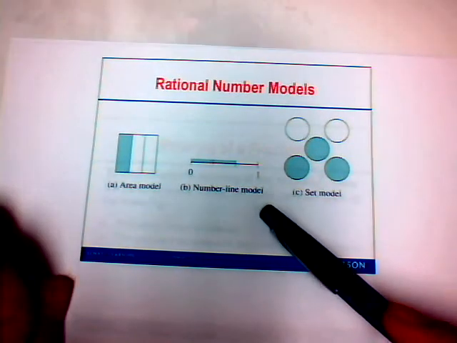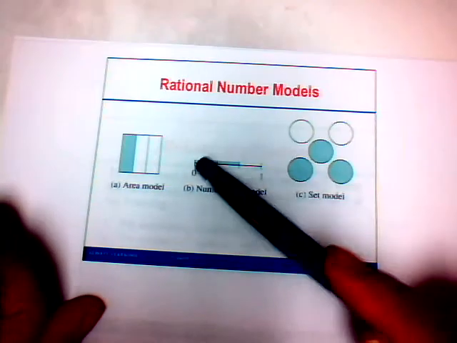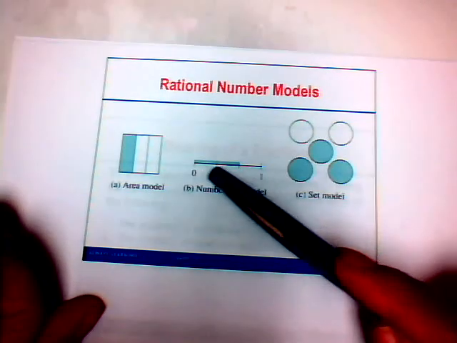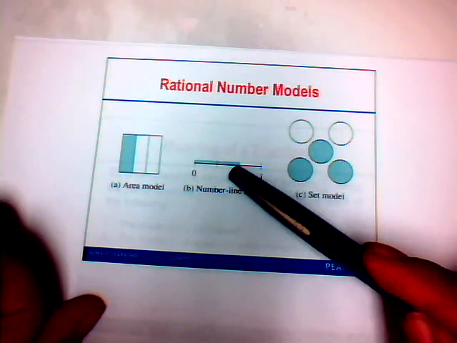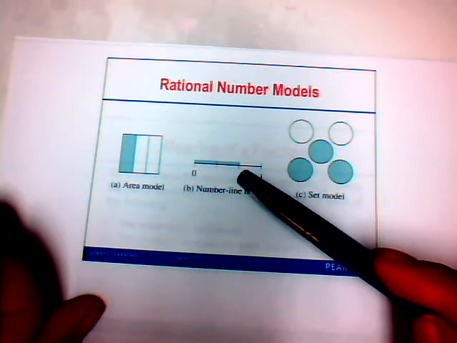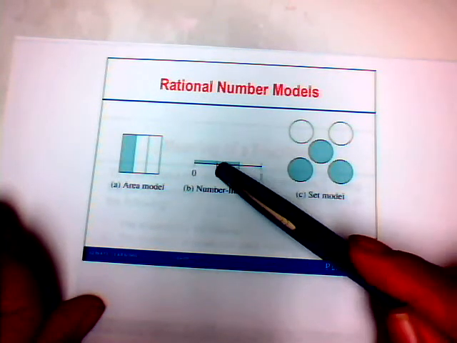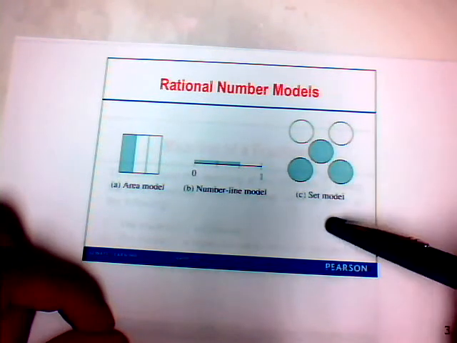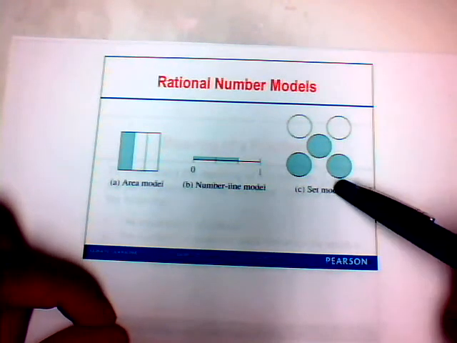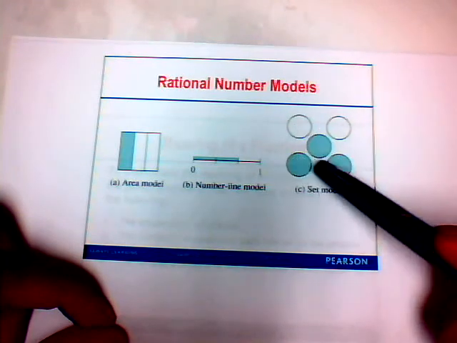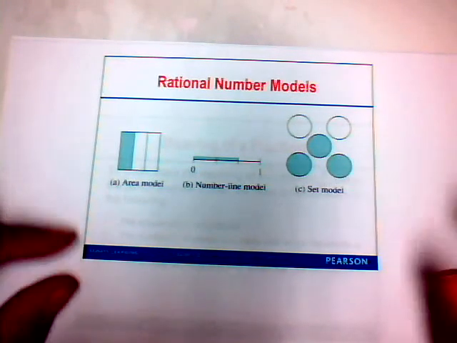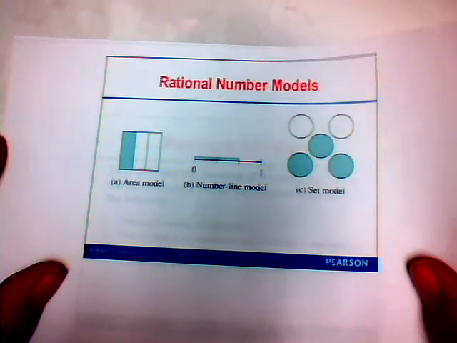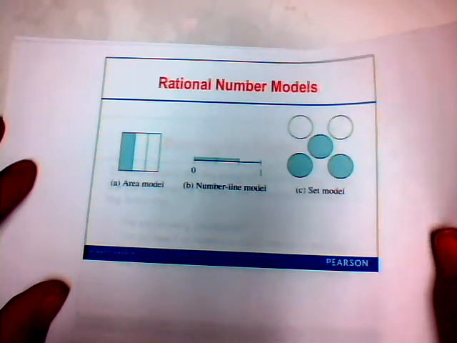In the middle, we have the number line model, where from 0 to this point is shaded and is sectioned into parts of 3. So we can say 2/3 of this is shaded. Also, we can think of this as a set model, where we have 5 circles. 3 of the 5 circles are shaded, so that's 3 out of 5, or 3/5.